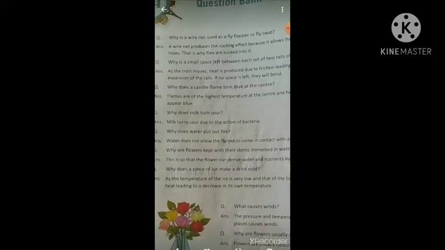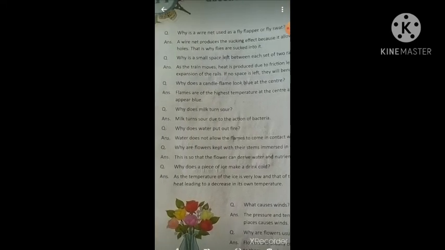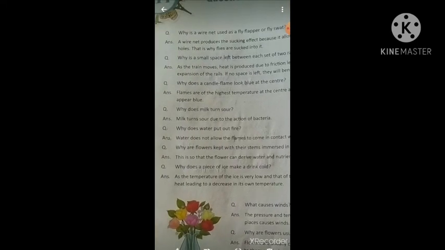Next one, why does water put out fire? That's a nice question, isn't it? Why does water put out fire? Have you ever thought of that? Okay, let's see. Water does not allow the flames to come in contact with air and get oxygen. So this water acts as a barrier.